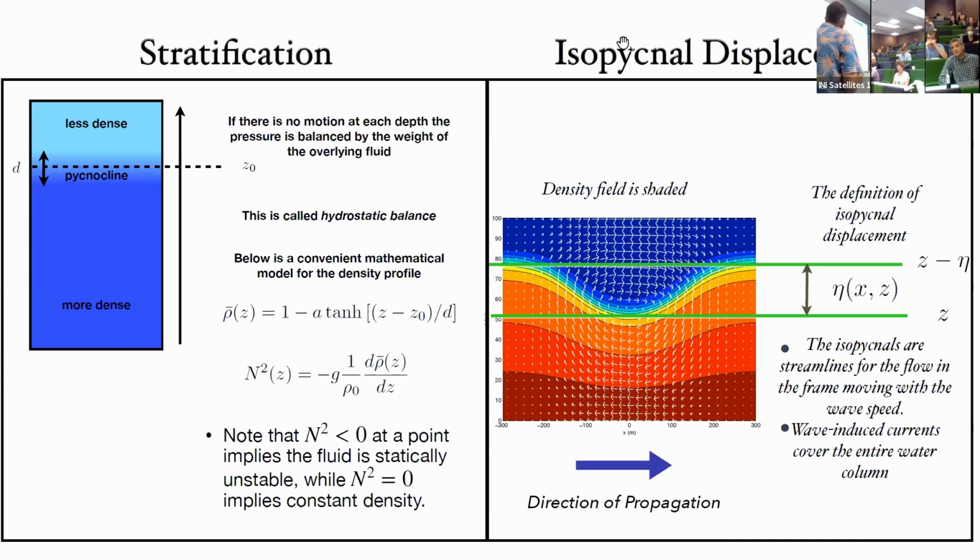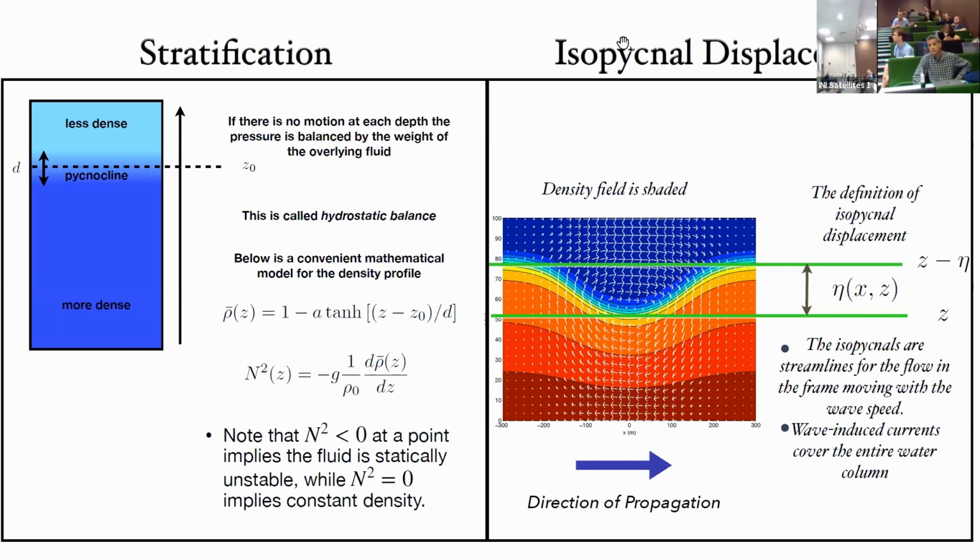Okay, so here's an example of a fully nonlinear or exact solitary wave for this situation. And there's an interesting variable that makes it possible to take all the field variables, right, because you have velocity and pressure and density, and turn it into just one. This is called the isopycnal displacement. Imagine you're sitting at the wave crest, and you ask yourself, how high would I be if I rode way out ahead of the wave to plus or minus infinity?